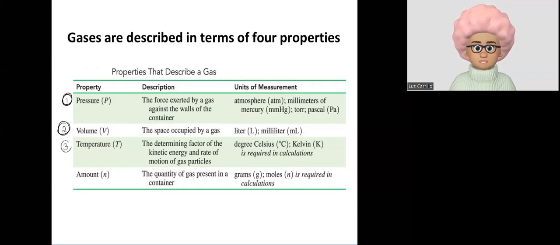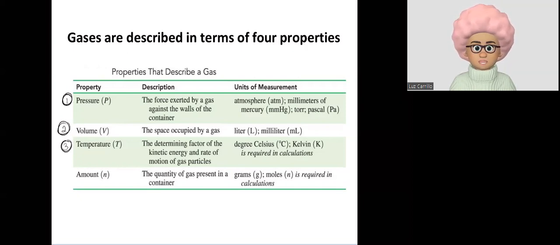Next, we have temperature. And temperature is going to describe specifically how the rate and the kinetic energy for the motion of these gas particles are going to be changing. In previous chapters, we actually discussed the definition for temperature, which is the measurement that defines how cold or hot a particular substance is.